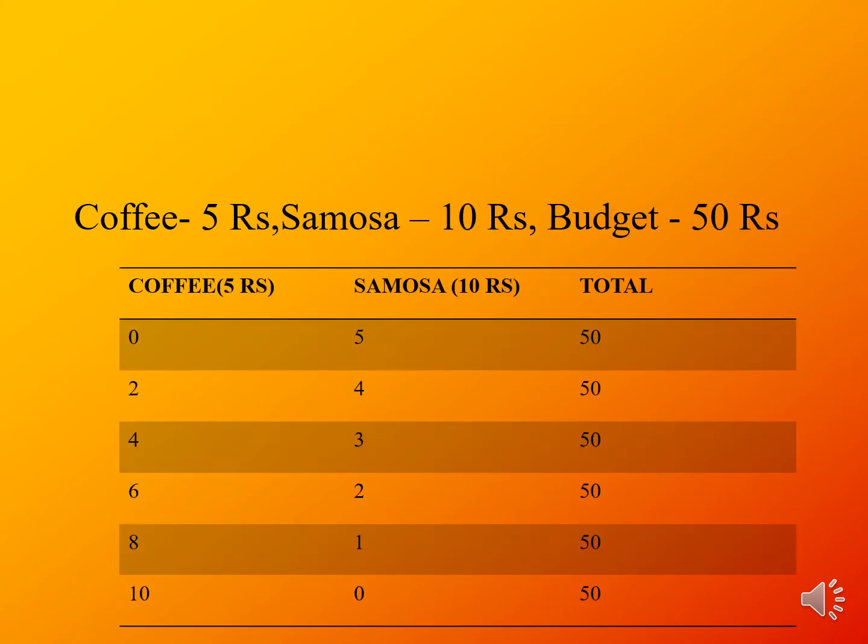Here is an example. There are two products, coffee and samosa. The prices of the products are given, as well as the budget. That is, a person has 50 rupees, coffee costs 5 rupees and one samosa costs 10 rupees. In this table we can see different combinations of coffee and samosa within the budget of 50 rupees. So this is called a budget line or price line.